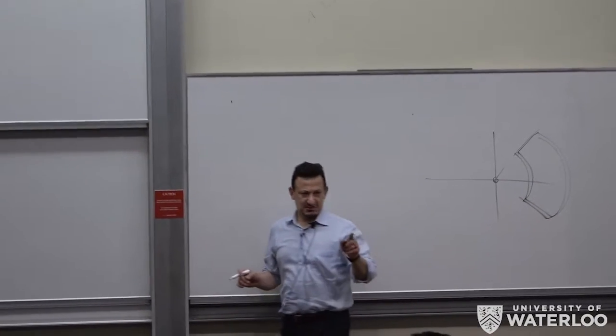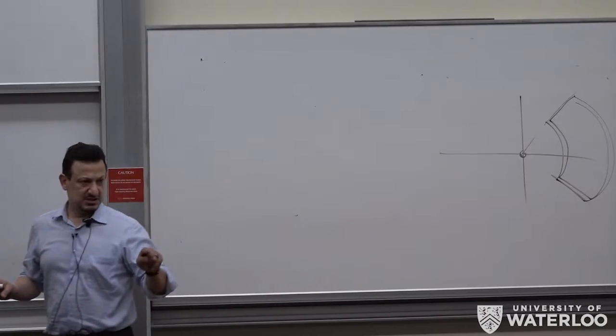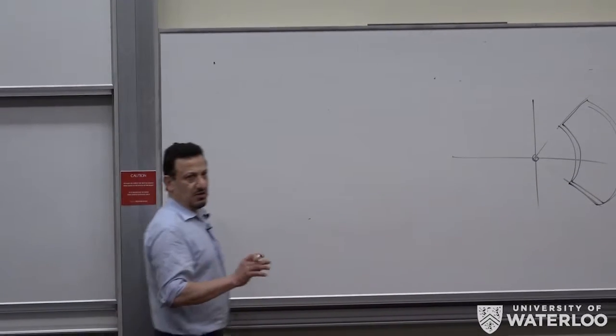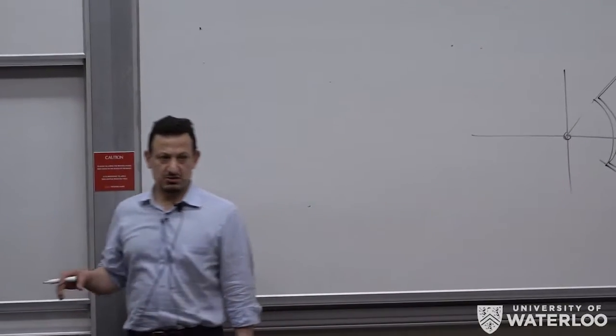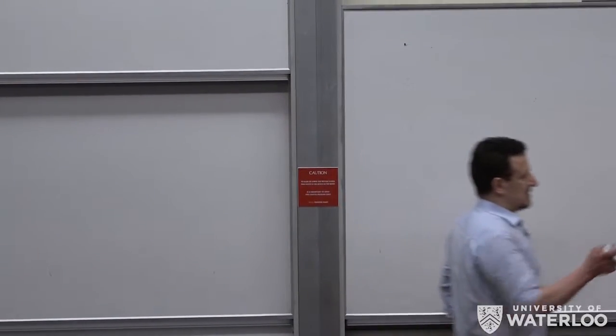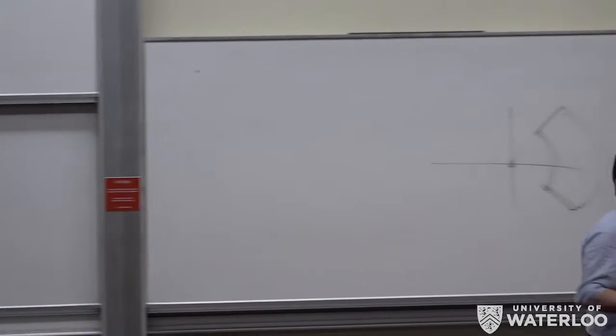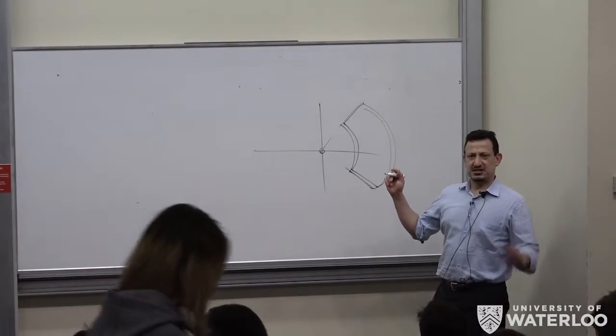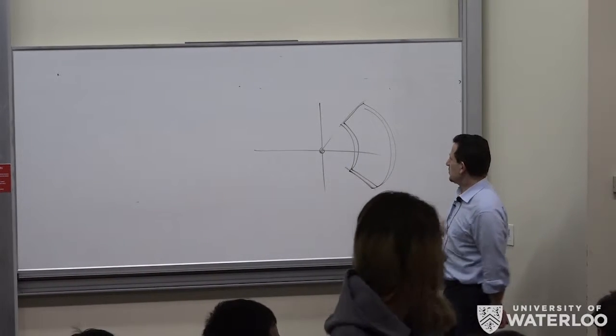I rechecked this. Everything should check fine. So what we said is correct. All the signs agree, so what's in the notes is correct. Going back to this problem, just a few quick words. That's not our subject today.